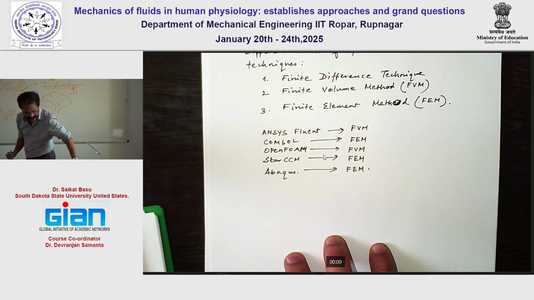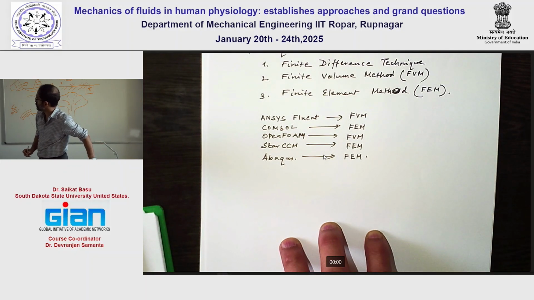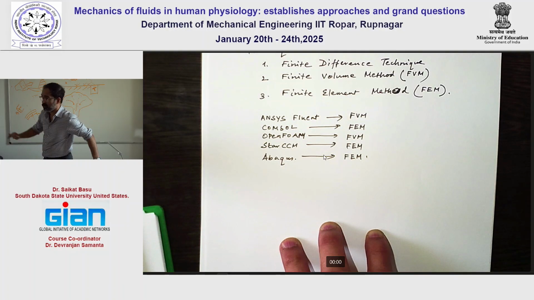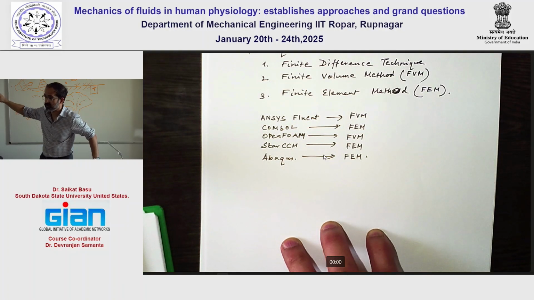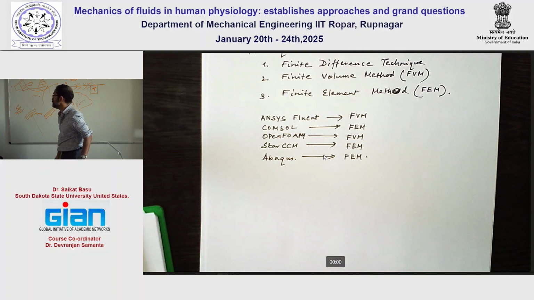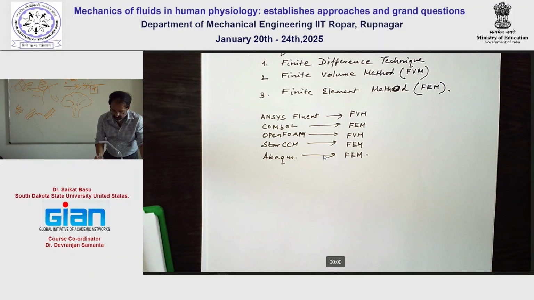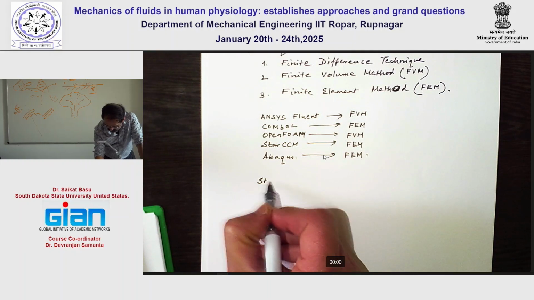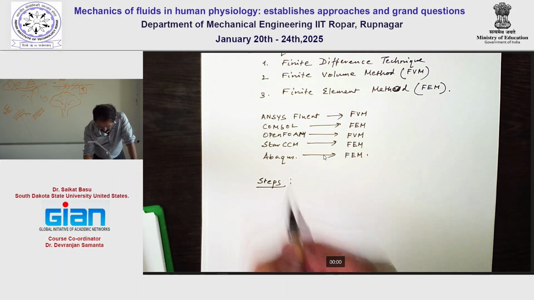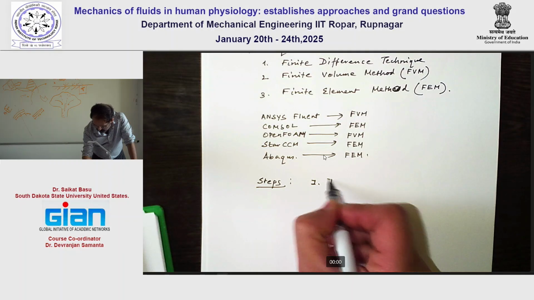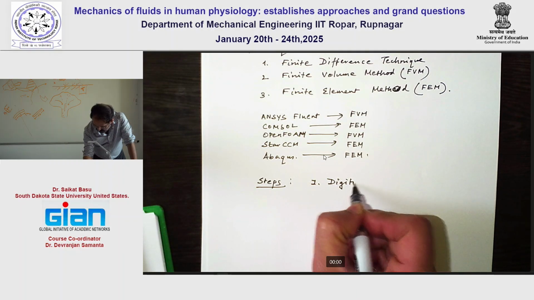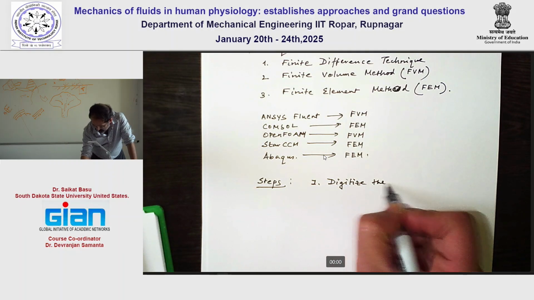In terms of the workflow, I'm not going to get into the details of CFD methods in this course. That was not the idea. Rather, let's quickly discuss the steps we are going to follow. Number one, digitize the geometry.